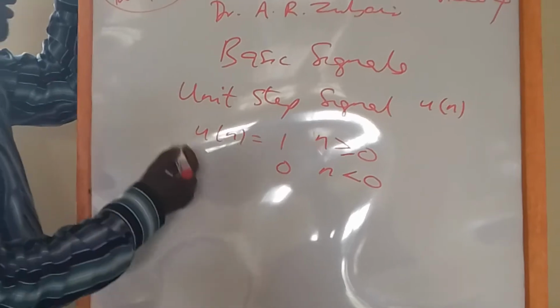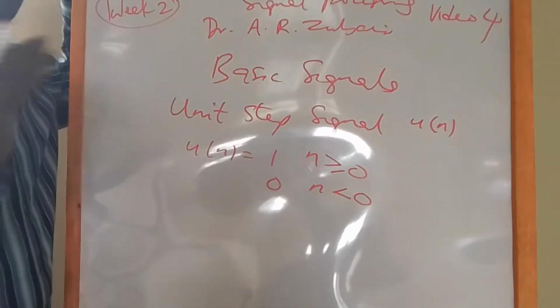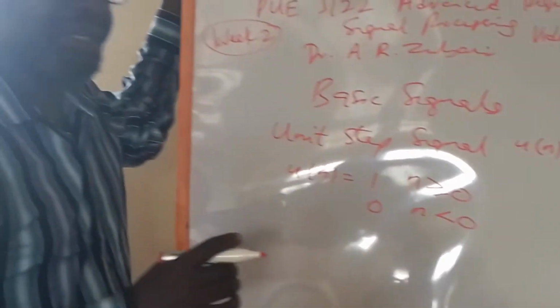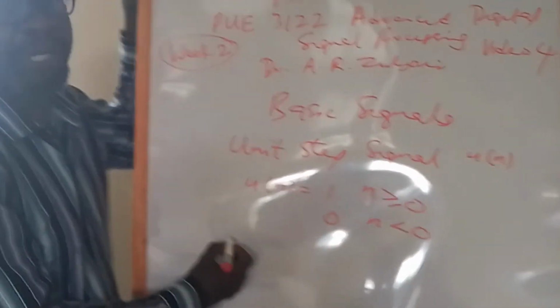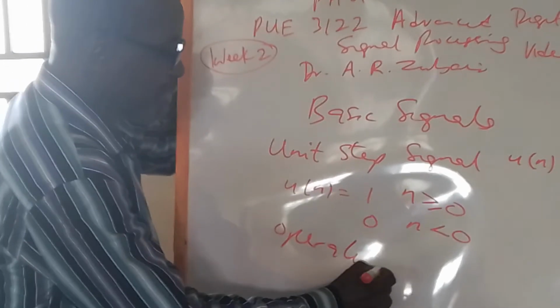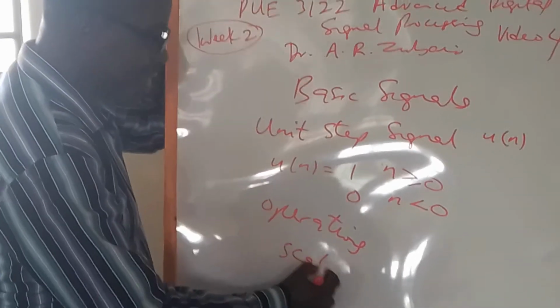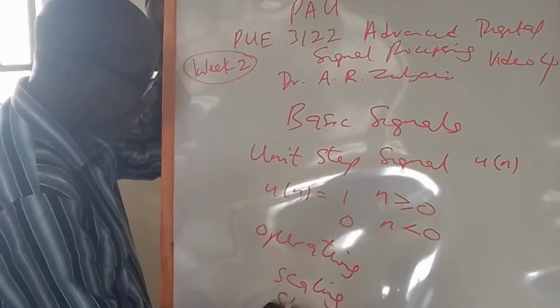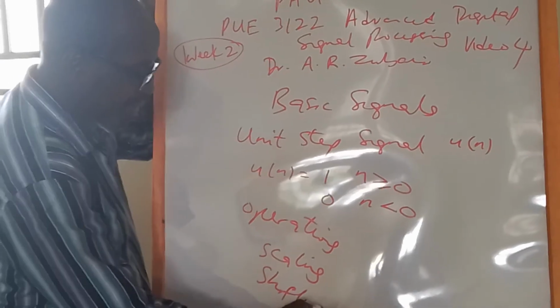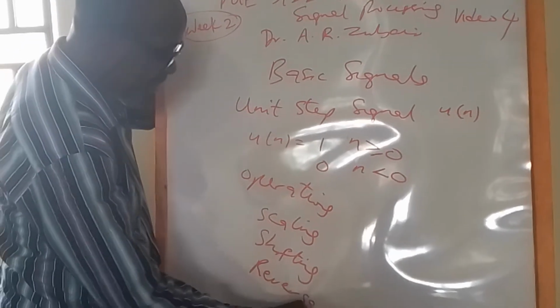Another thing is that for that step function, there are certain things you should always remember in signal processing. There are certain operations that you must master how to do. There is the scaling, there is the shifting, there is the reversal.